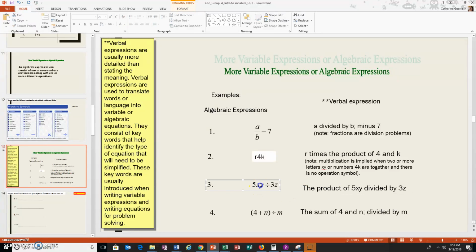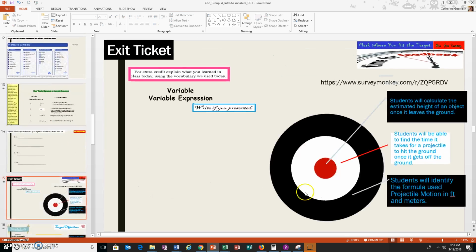Now we also have 5 times the product of x and y. You could say the product of 5xy divided by 3z, or divided by the product of 3z, or divided by 3 times z, however you wanted to say it.